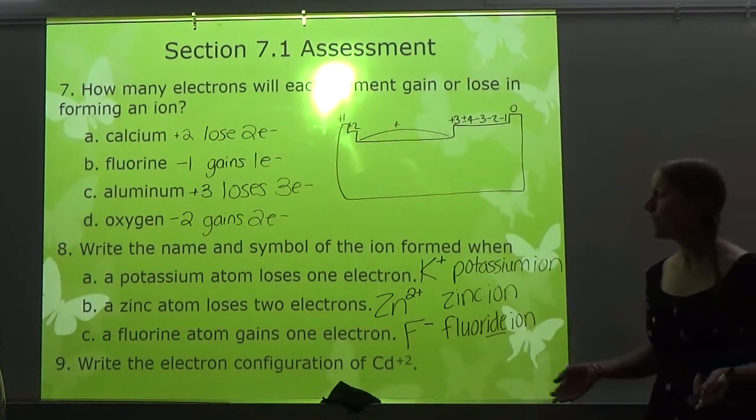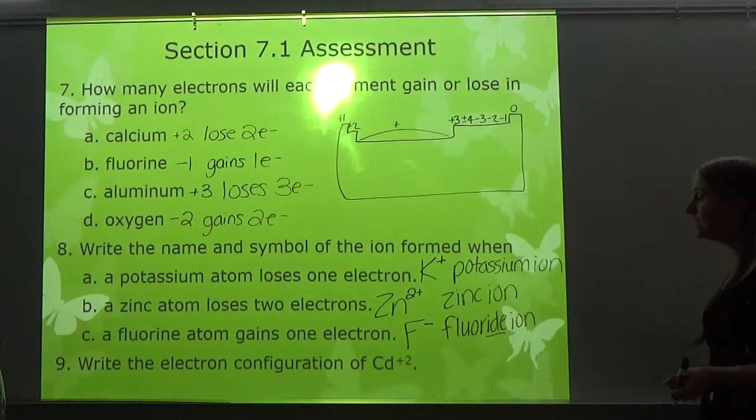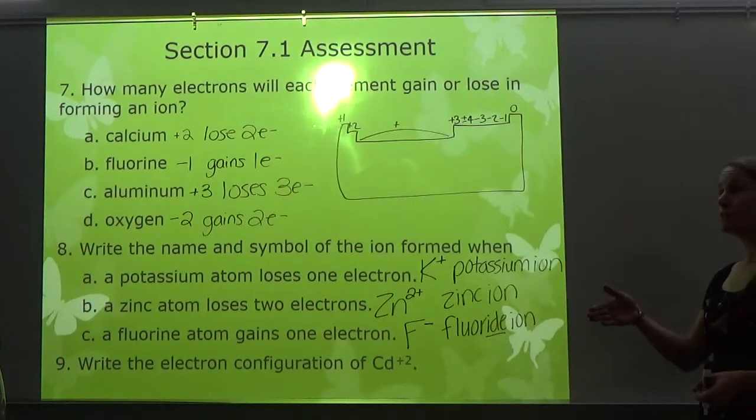And then the last one says, write the electron configuration for Cd 2+. First I'm just going to write it for Cd.